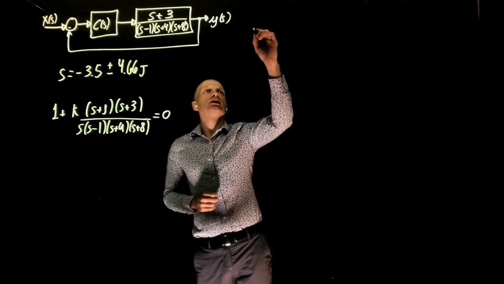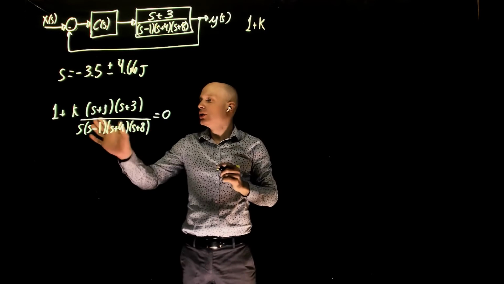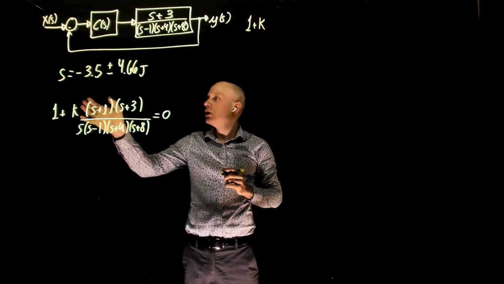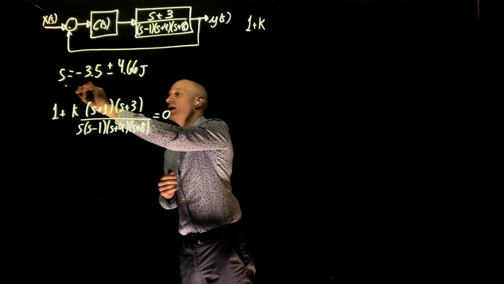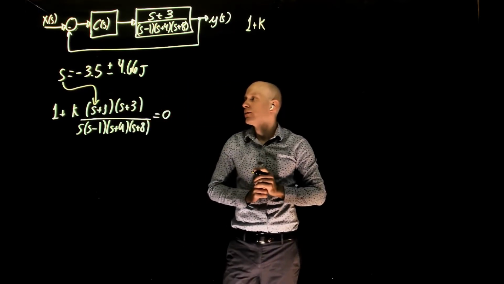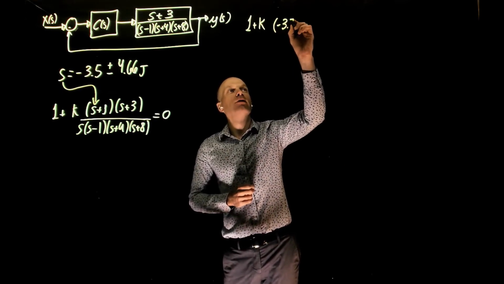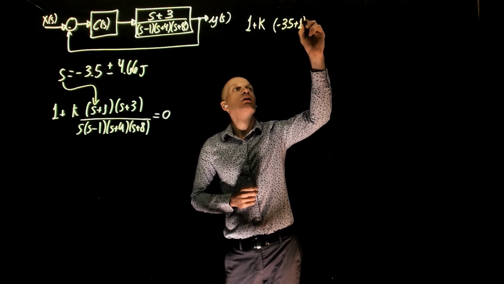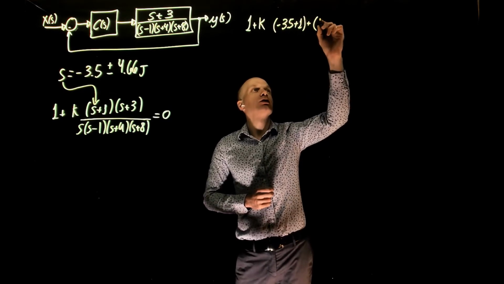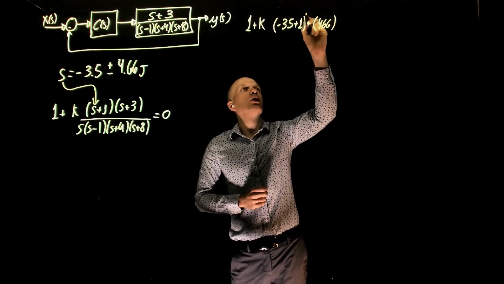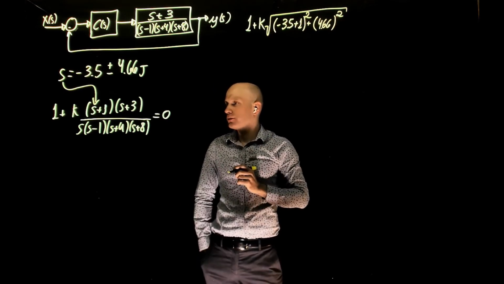We can now rewrite this expression as 1 plus K times the magnitude of this part of the transfer function when s equals negative 3.5 plus 4.66j. Replace s here. The real part now is negative 3.5 plus 1, and the imaginary part is simply 4.66. So the real part squared plus the imaginary part squared, square root.